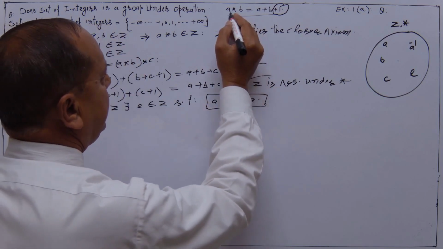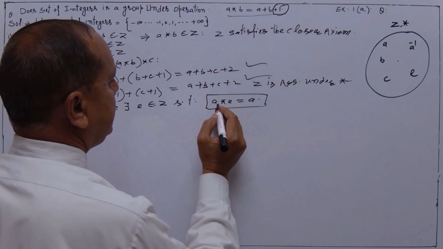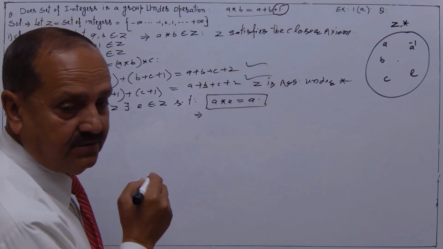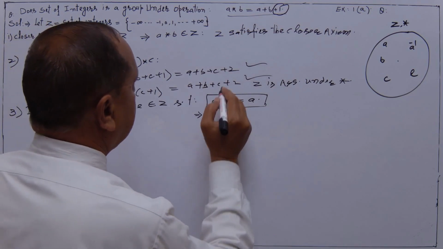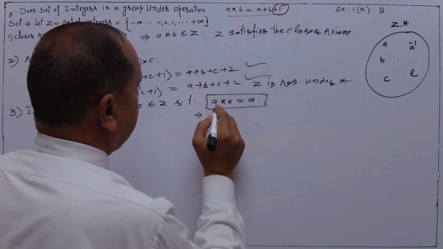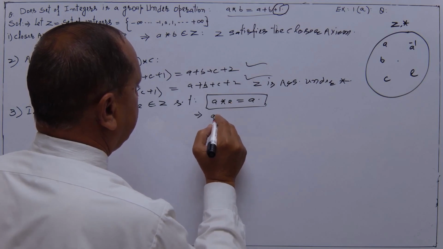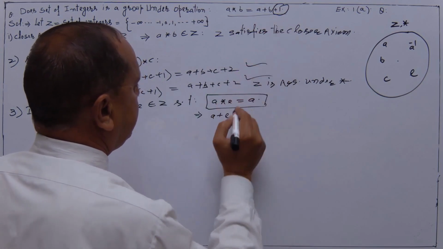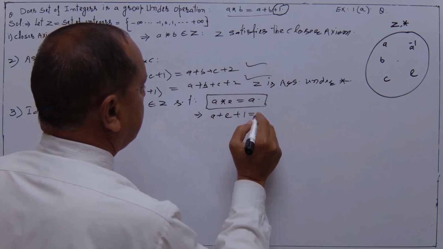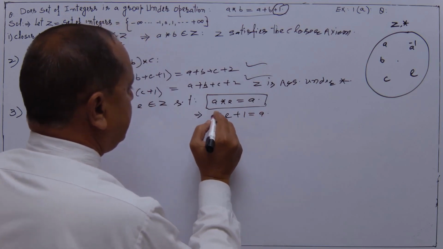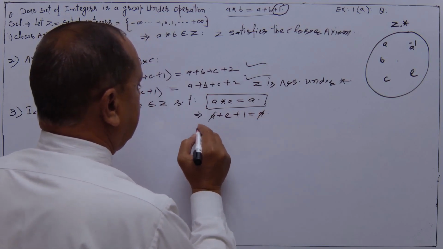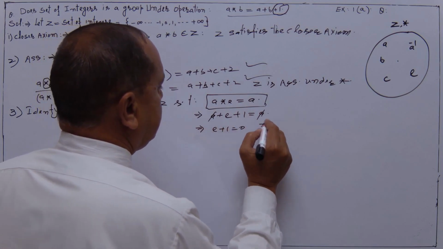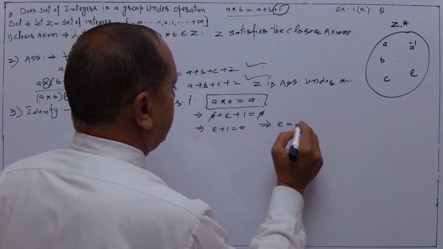Now we have A star B equal to this much. Similarly, the value of A star E is A plus, in place of B comes E, so A plus E plus 1 is equal to A. This A and A both cancel. We get E plus 1 is equal to 0, which implies E is equal to -1.